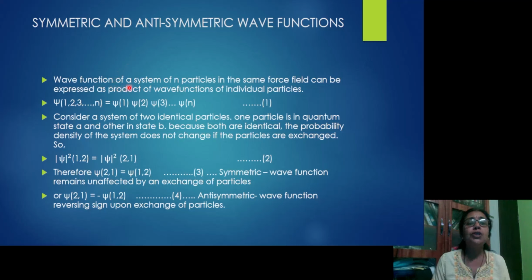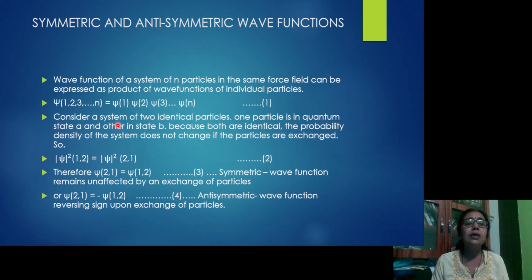The wave function of a system of n particles in the same force field can be expressed as a product of wave functions of individual particles. So if psi represents the wave function of the system of n particles, then this wave function psi is written as a product of individual wave functions of the n particles.